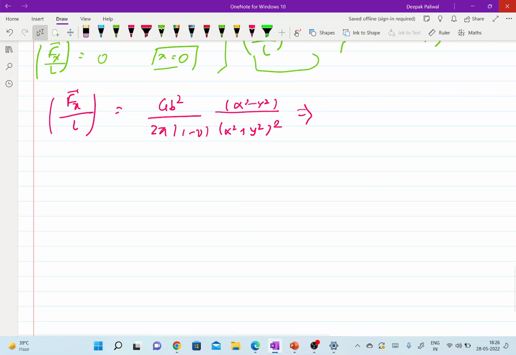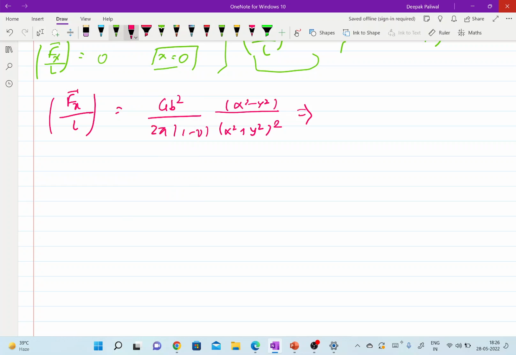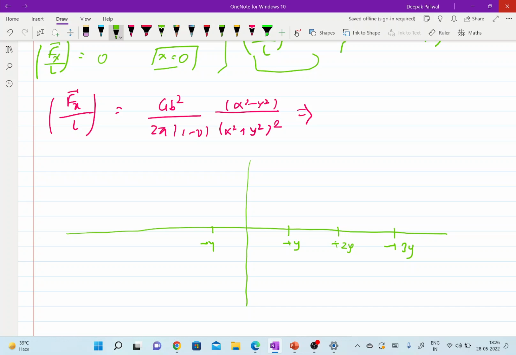The axis is fx per unit length, and this is various x positions in terms of y. Let me write, this is plus y, this is plus 2y, this is plus 3y, this is minus y, this is minus 2y, this is minus 3y.